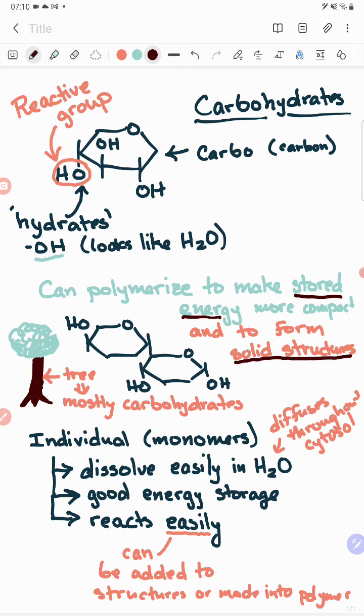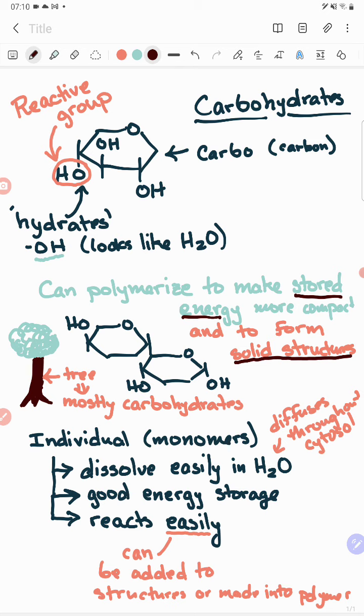You want to be able to retain that structure. When I say solid structures, I mean solid. If you think about a tree and the bark of a tree or the woody part of a tree, it's actually mostly carbohydrates. And so that's what's giving this tree its very solid structure, is compacted laying down of a lot of polymerized carbohydrates.